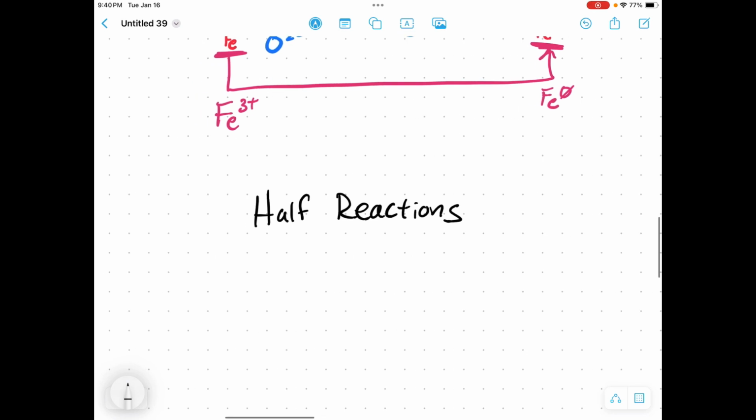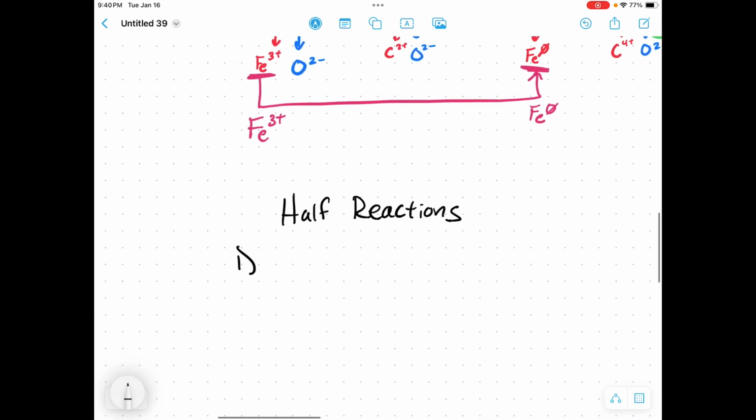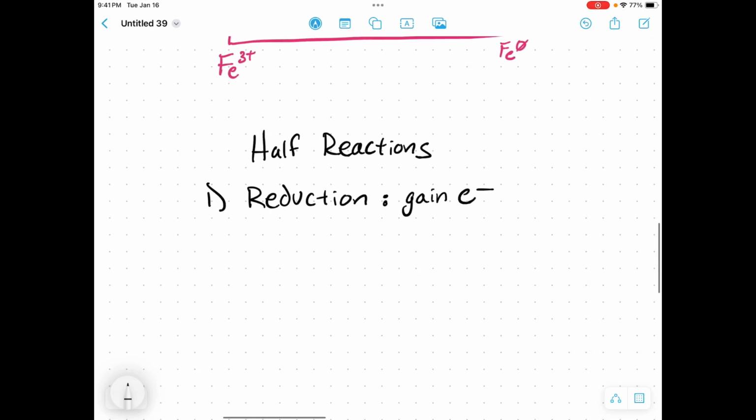We're basically just going to break our redox reactions into 2 parts. So I want to talk about the reduction part of oxidation reduction. When we talk about reductions, we're talking about reactions where an atom or element is gaining electrons. So reduction is gaining electrons. You can think about it like you're reducing the charge there.